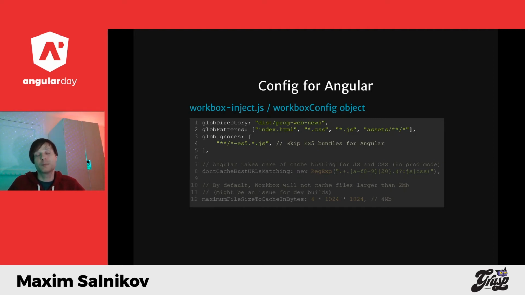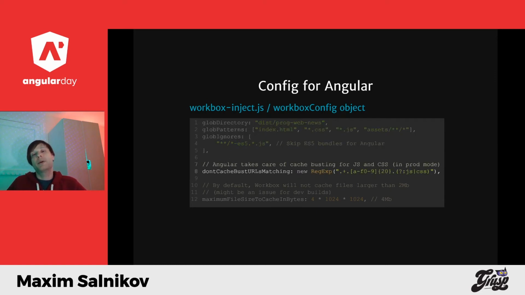If we go for differentiated loading, for example, we can take a technical decision not to precache ES5 bundles because it's sort of an edge case nowadays, right? So they could be downloaded when needed.